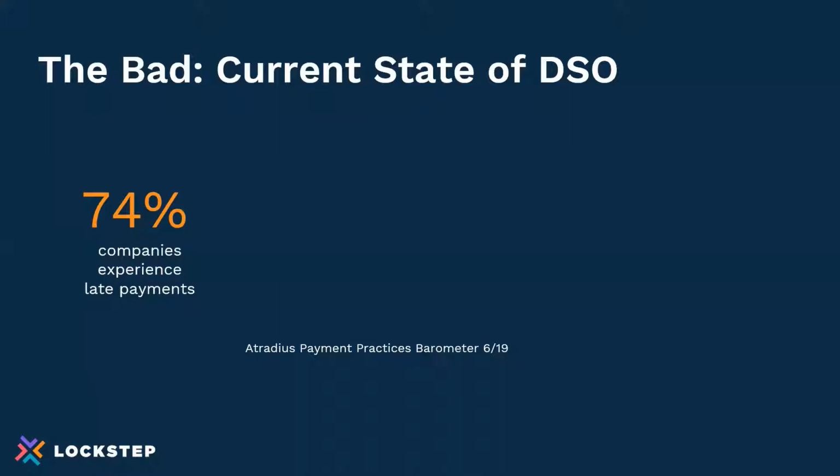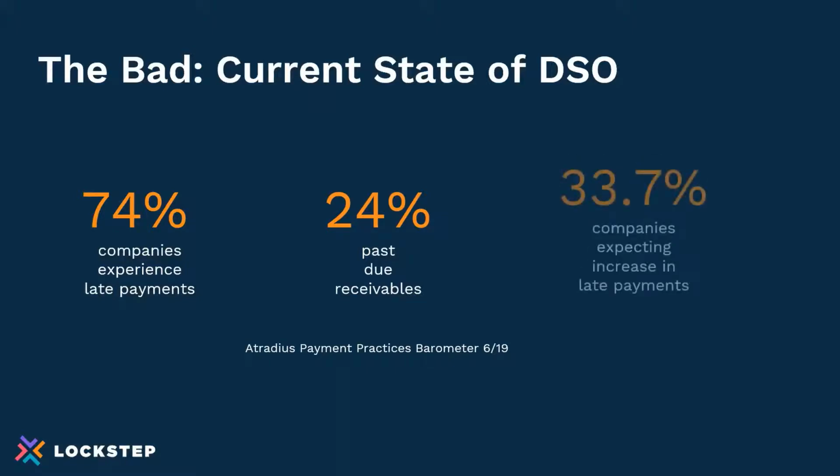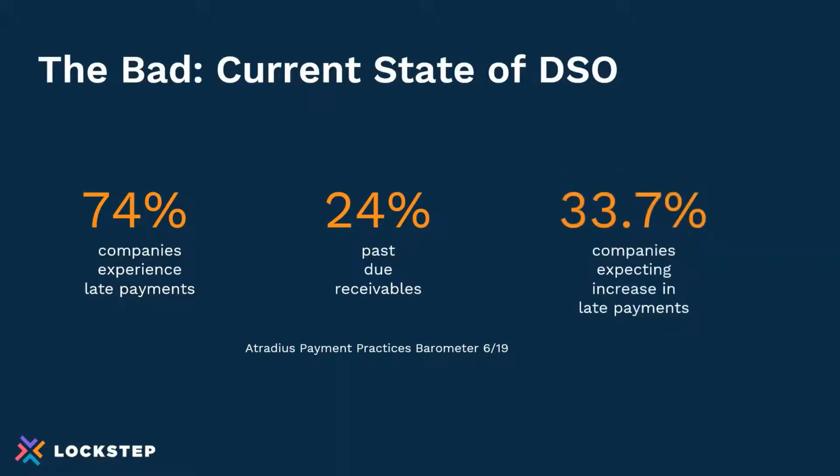In fact, those companies saw the fact that 24% of their total outstanding receivables was past due. These same companies, when they were interviewed, 1/3 of them expect an increase in late payments as they're going into 2020. So that's sort of the state, DSO is sort of plateaued and it looks like it's actually going to be growing.